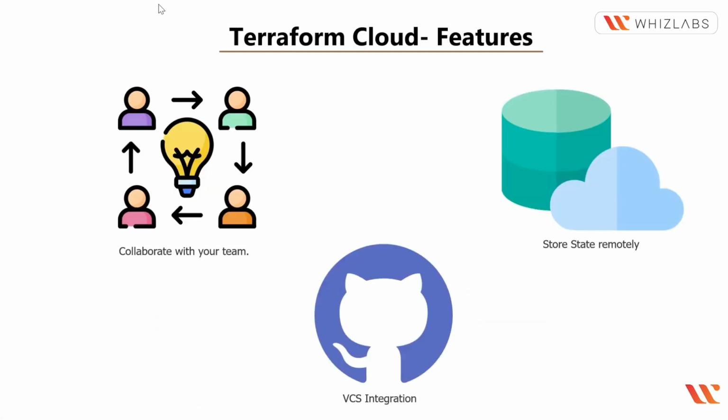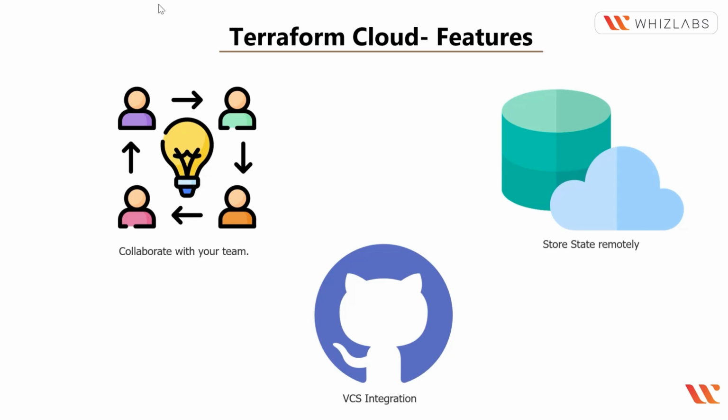Now some of the features of Terraform Cloud: you can collaborate with your team, which means multiple users in a team can access Terraform Cloud. For example, one person can create a plan and another person can review it, and if he doesn't like the plan, he can cancel or reject it, or he can commit that plan, which will run and apply the resources.